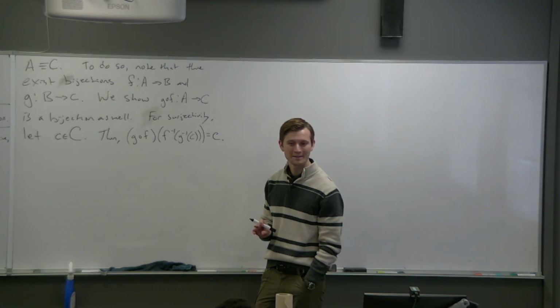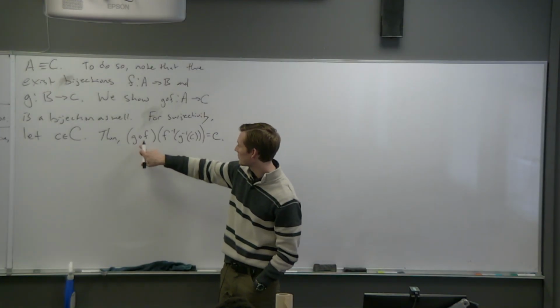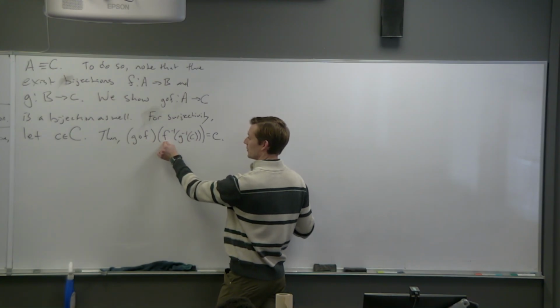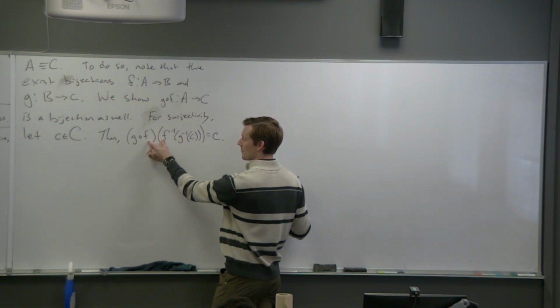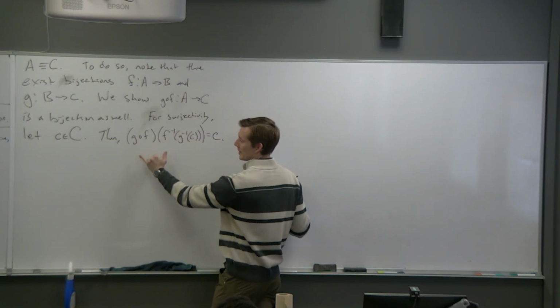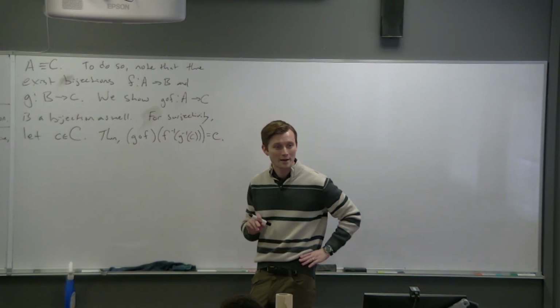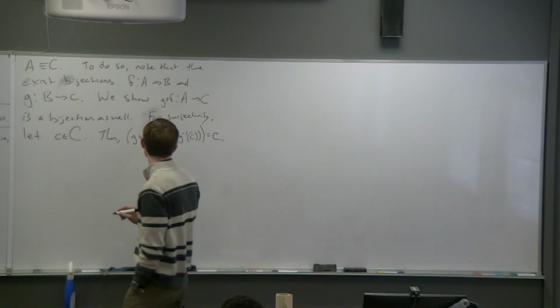Since g composed with f is just g with f inside of it, this is f of f inverse of g inverse of c. The f inverse turns into the identity, you get g of g inverse of c, which turns into the identity, and we just get c.